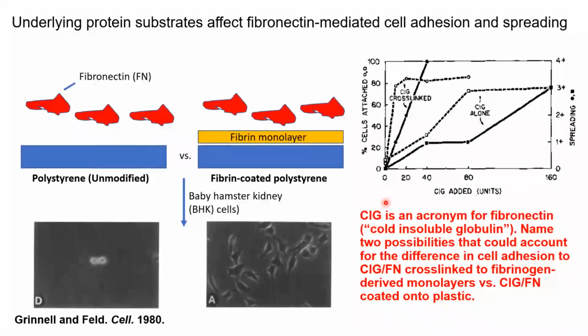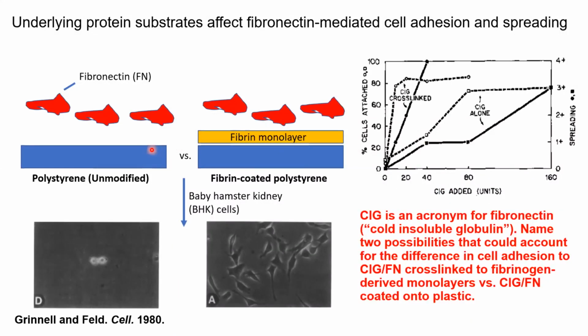So I'd like to have maybe 1 or 2 of you volunteer and answer about what are 2 possibilities as to why, when we cross-link the CIG on top of the fibrin, it is giving us far more cell adhesion with less CIG added than if we just take the CIG fibronectin and put it on the plastic.